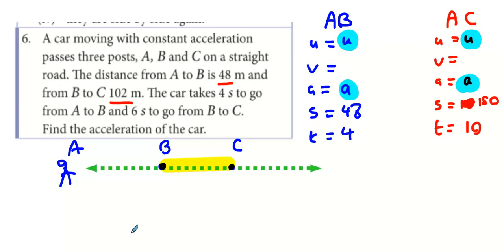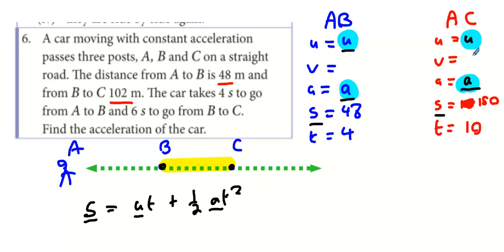I'm going to use ut plus a half at squared. Okay, just bear with me a minute. Why am I going to use ut plus a half at squared? It uses the S value that I know in both data sets. It uses a common A value and a common U value, and it also uses the T values we know.